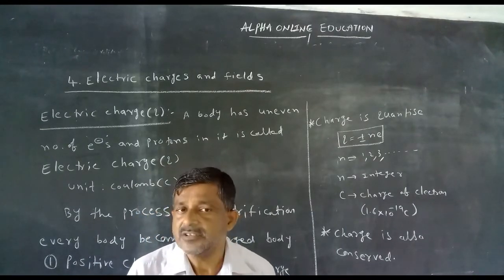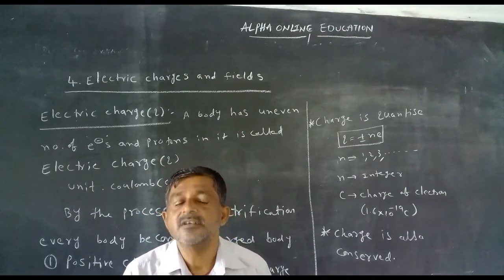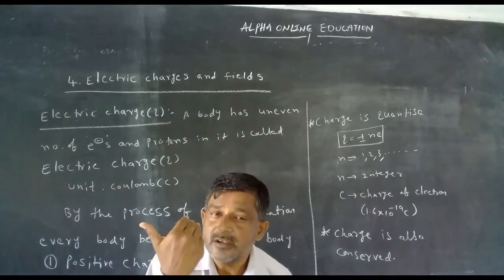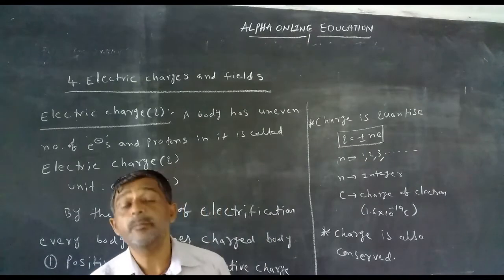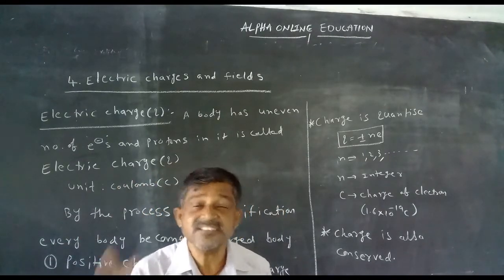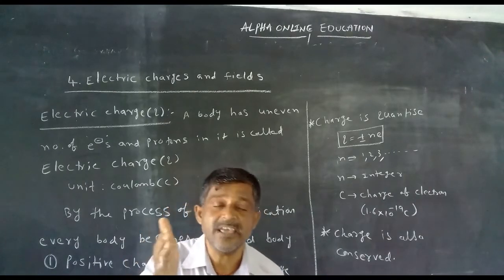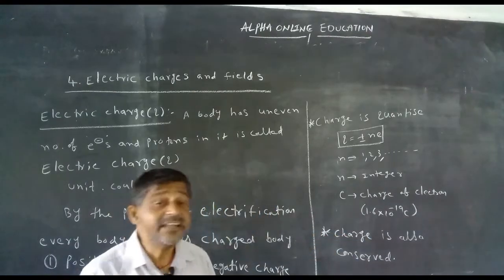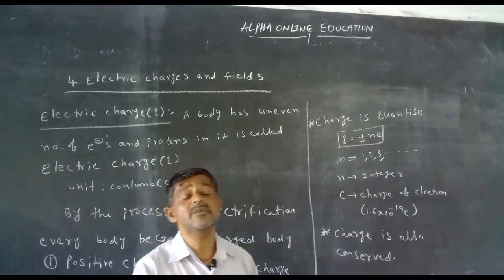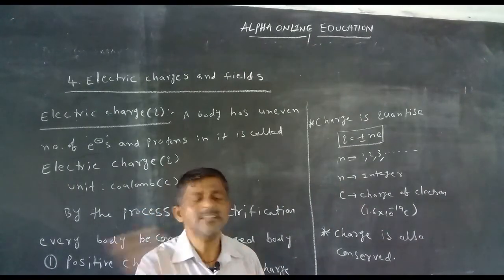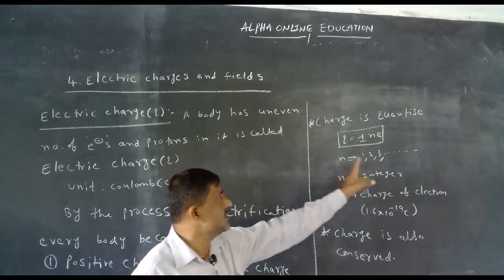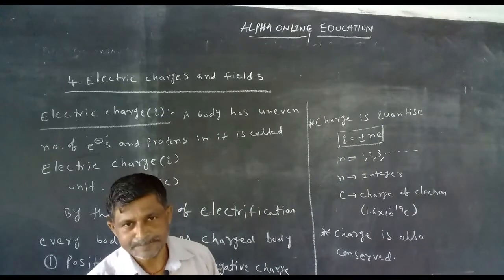Quantized means the charge consists of electrons in natural numbers by the process of electrification. Scientifically, the natural number is called an integer, denoted by small n. In mathematics, natural numbers are denoted by capital N, but in science the integer is denoted by small n.